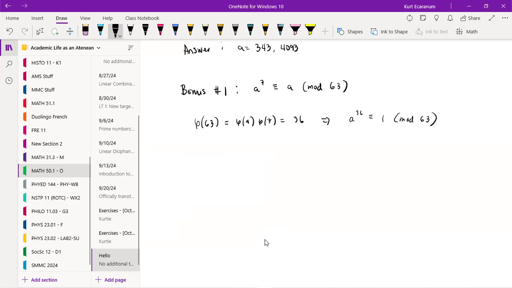What this implies, as we said earlier, is that the exponent is not necessarily the smallest. Euler's theorem doesn't give the smallest exponent that makes a become 1 mod 63.